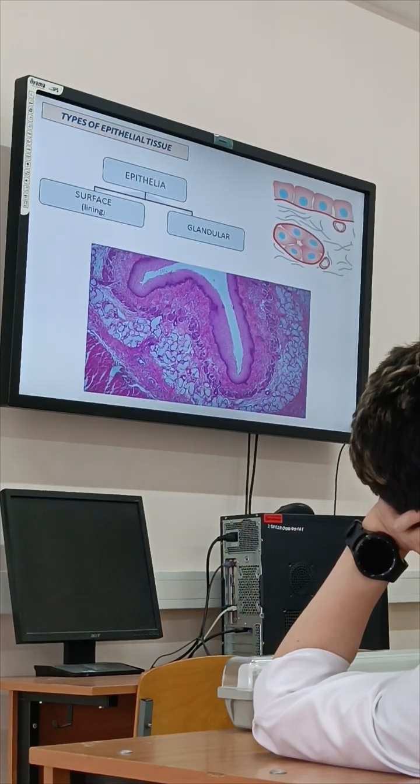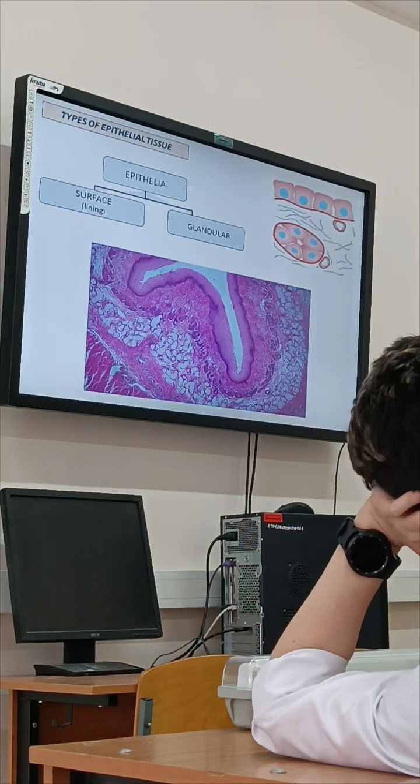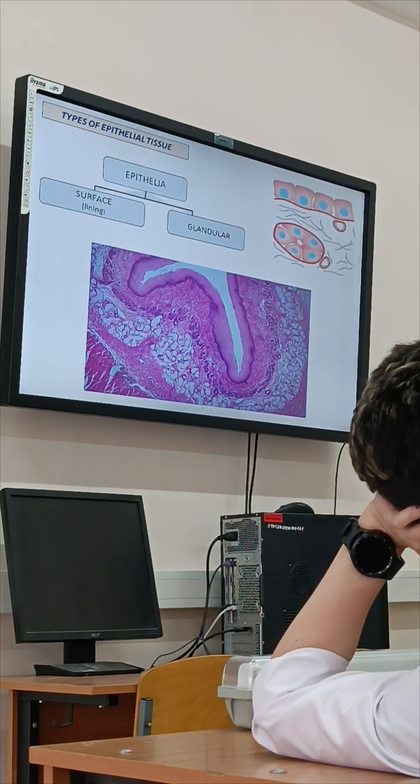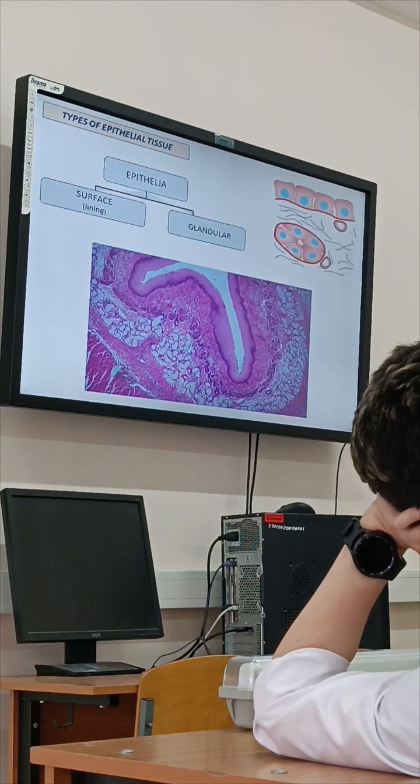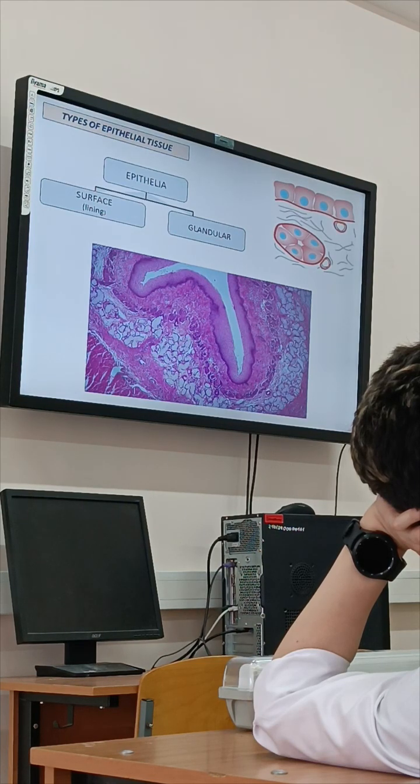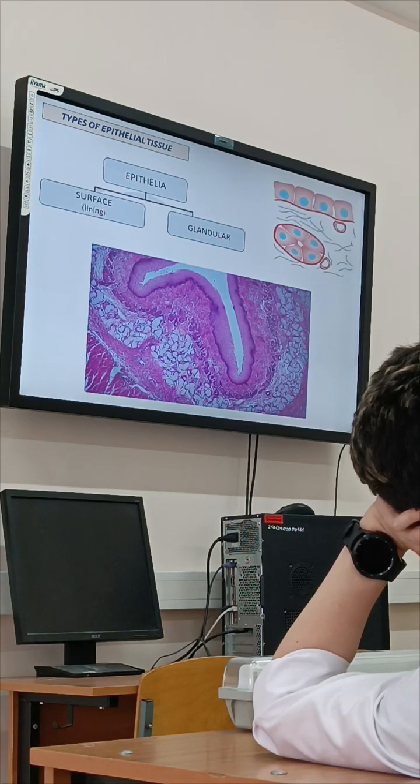And task number 19. This is a task for you. You should draw cells described by their function. For example, you should draw the electron microscopical view of an epithelial cell, and you know that this cell lies on the basement membrane.